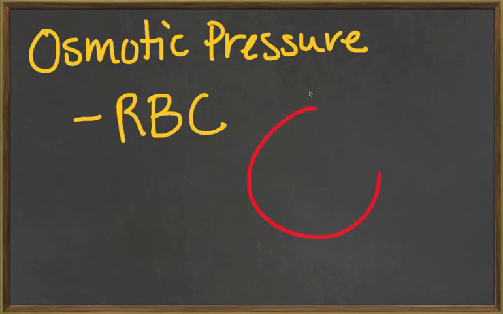If I drew a red blood cell over here, my red blood cell has a specific concentration, roughly. 99.1% of my red blood cell is going to be made up of water. The other 0.9% is made up of salt, NaCl.